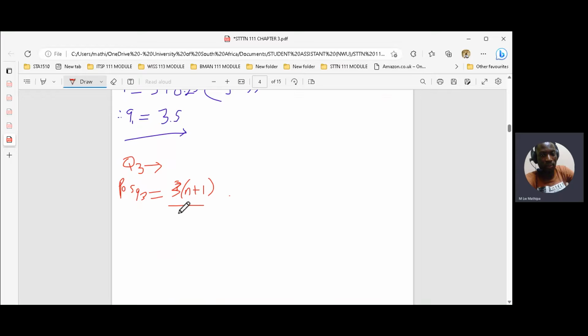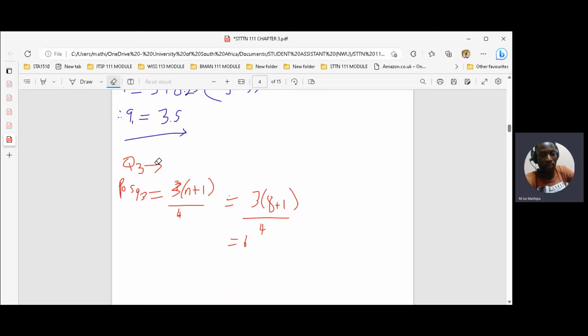In this case n is 8, so it's 3 into 8 plus 1 divided by 4. Let's do it on a calculator: 3 into 8 plus 1 divided by 4, which will give you 6.75.